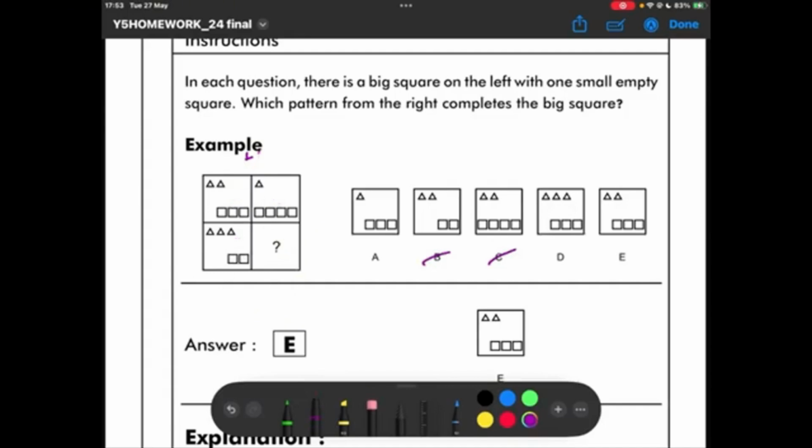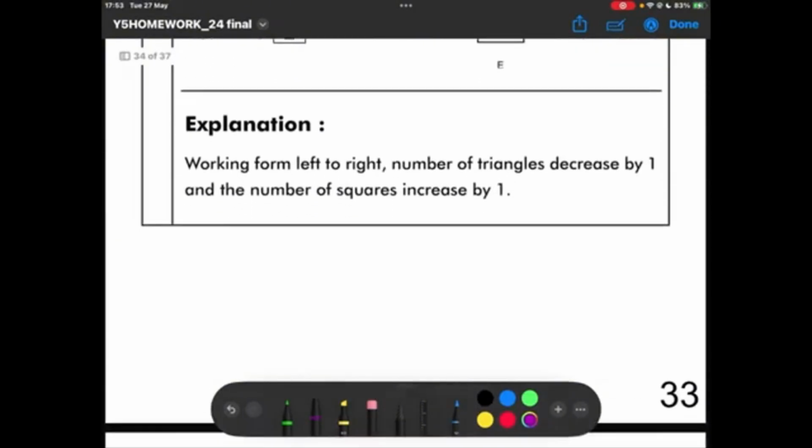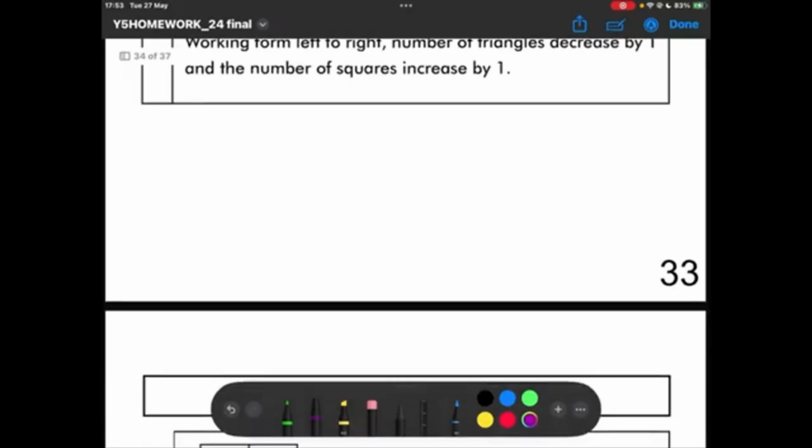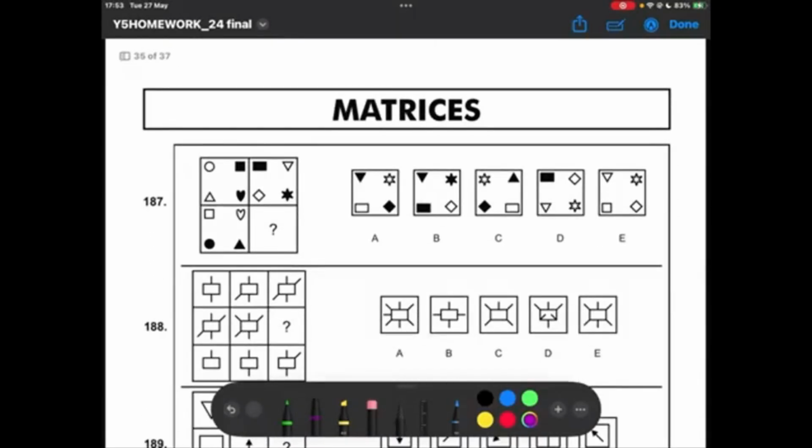Now to the number of triangles. Here there's 2, here there's 1, so we've minus 1. 3 minus 1, so there's going to be 2 triangles and 3 squares at the bottom. So the answer is E. The explanation just says what I've said. Now on to this.